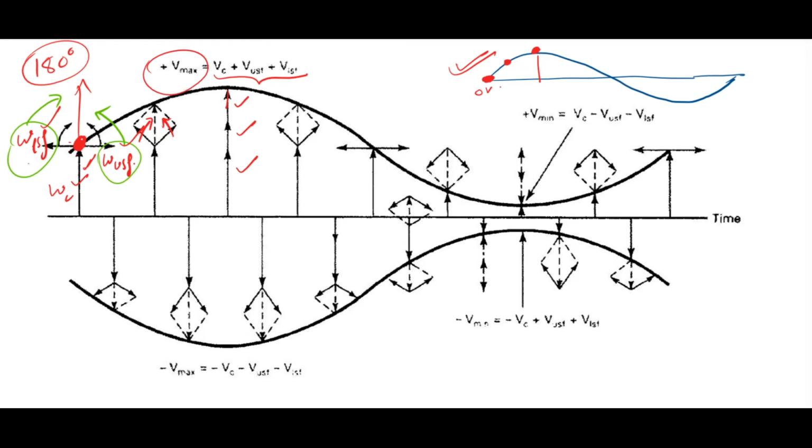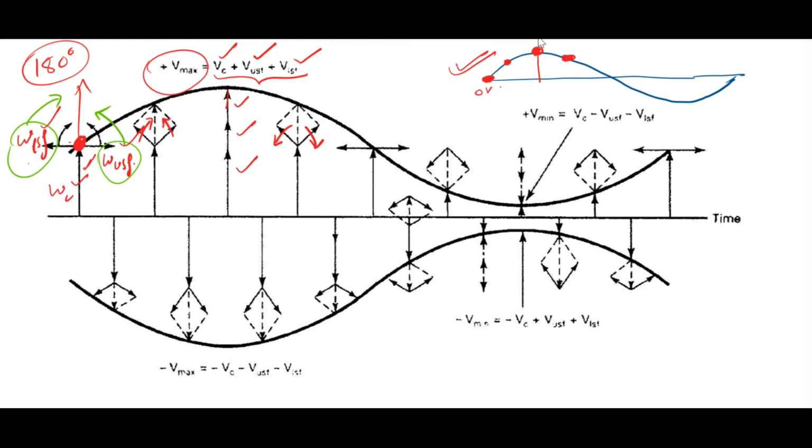Here it is the voltage of the carrier, then the voltage of the USB, the upper side frequency, and the voltage of the lower side frequency. After this peak point, the modulating signal amplitude starts to drop, so these phasors start to move apart. The lower side frequency moves in the clockwise direction now, and the upper side frequency in the anti-clockwise direction.